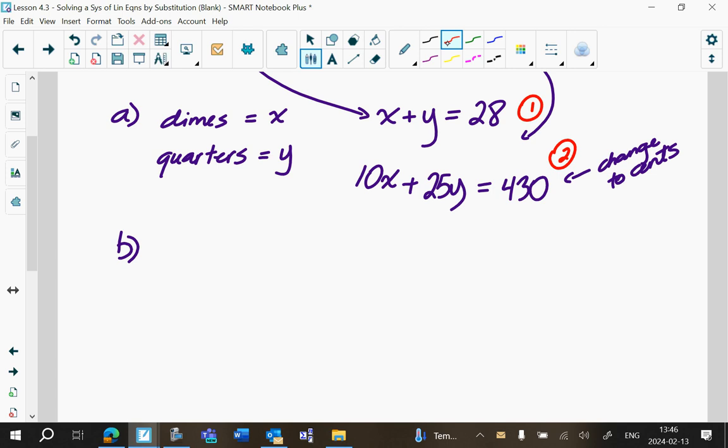So take one of the equations and get X or Y by itself. What looks easy? Number one, and it really doesn't matter which one, does it? Because if I solve for X, I just have to move the Y over. If I solve for Y, I just got to move the X over. Both are easy steps. So let's just say solve for X in 1.